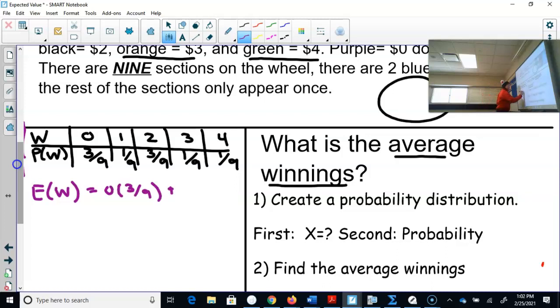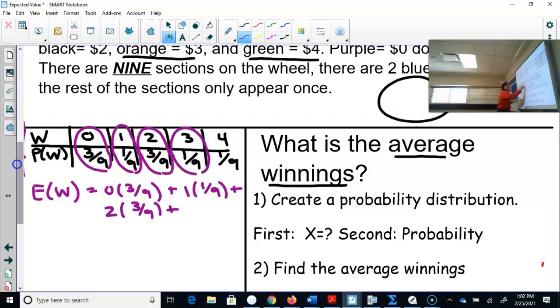plus my next observation. So this was the first one. My next observation is 1 times the probability of that observation, plus, and I continue doing this, 2 times the probability of that observation, plus 3 times the probability of that observation, plus 4 times the probability of that observation.